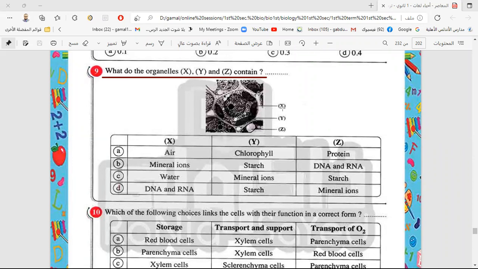Can you see it? Is it clear? Yes. And Y, what does it represent? Cytoplasm. And Z, what does it represent? Vacuole.